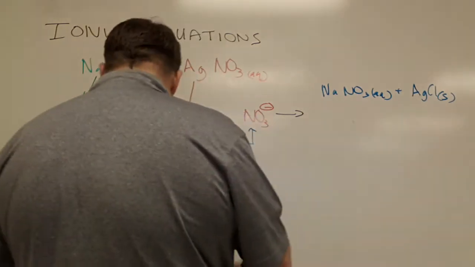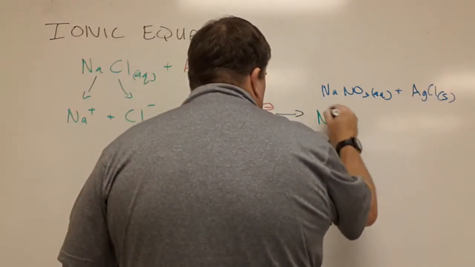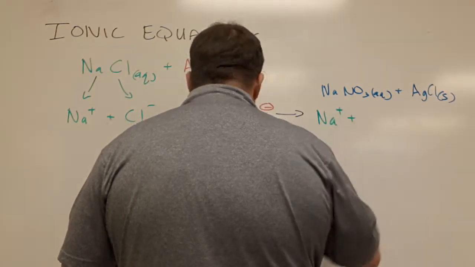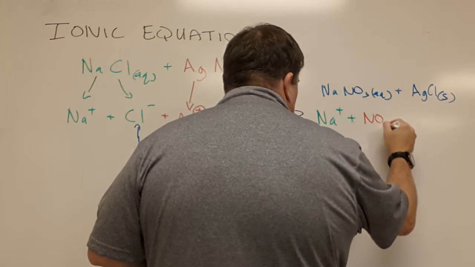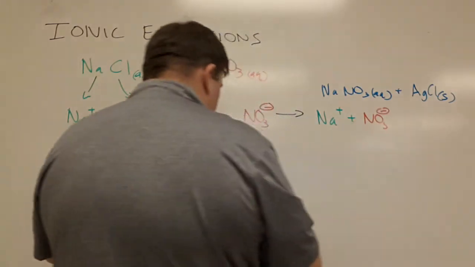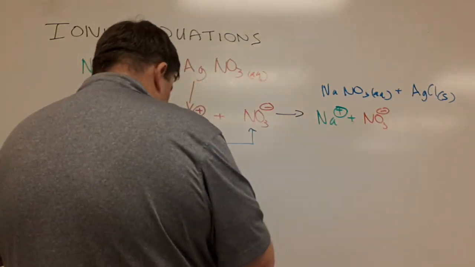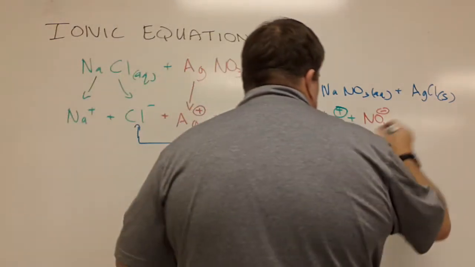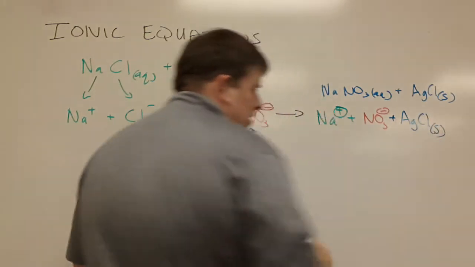So something happened, and to represent this with ions, I'm going to represent this as Na plus, NO3 minus. Okay. And because silver chloride is a solid, I have to represent it with the ions together.